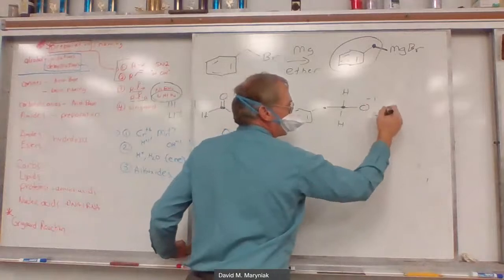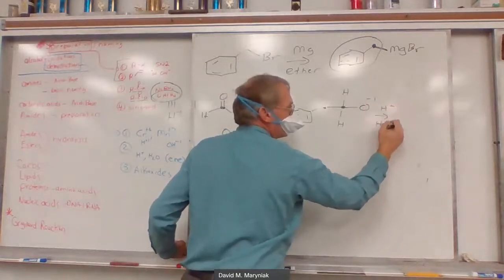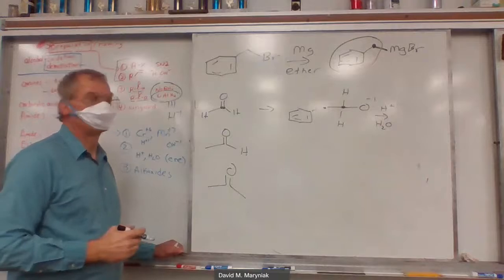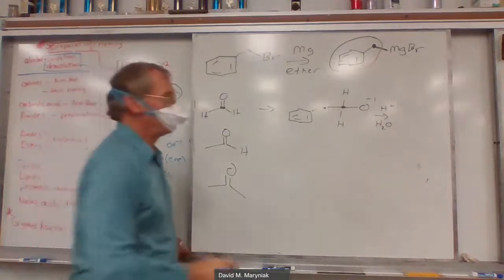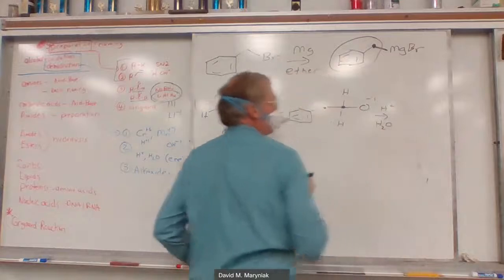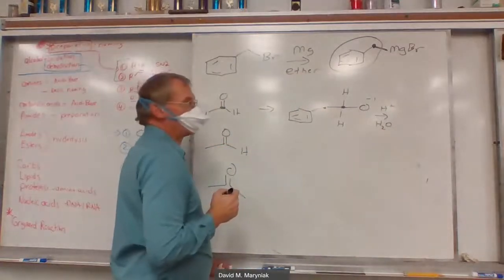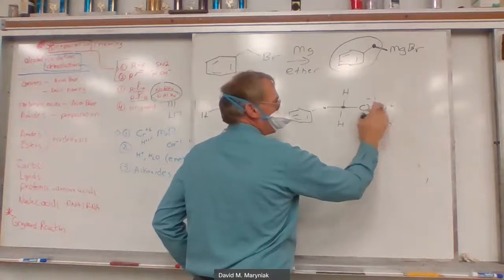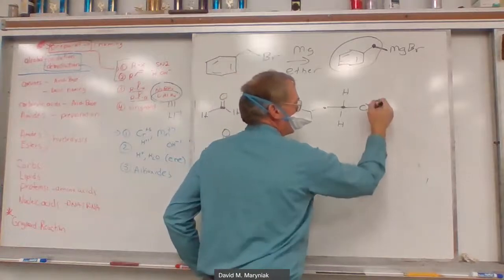And then in the second step, when we add water and a proton, what happens? H gets popped on the O. Going to run out of board space. So I'm just going to put OH like that.